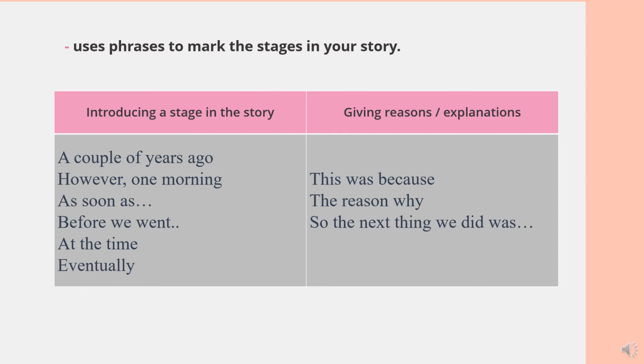Therefore, you should try to use phrases like this was because, or the reason why, or the next thing we did was. When you're doing this, it's very likely that you will help yourself to think about the reason to explain, or about additional information to add, and definitely you will be able to make your answer more detailed, or longer at least, right?